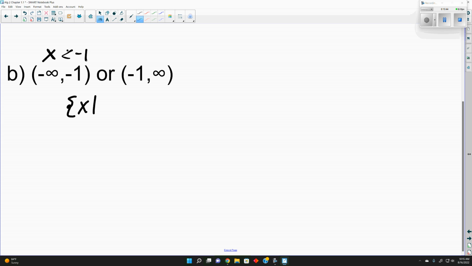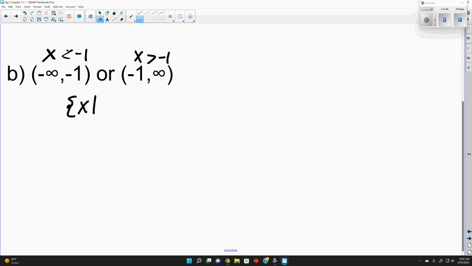That would be the inequality for this here, yes? How about the other one? x is greater than negative 1, because we're talking about all the numbers bigger than it, because negative 1 comma infinity is all the numbers bigger than negative 1.